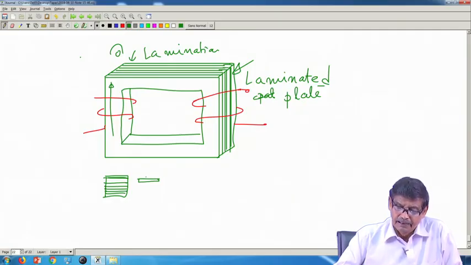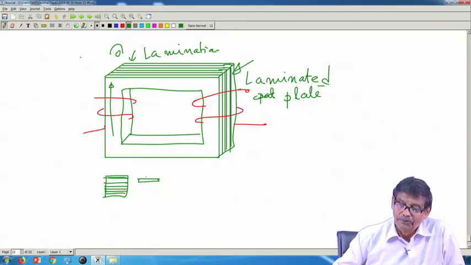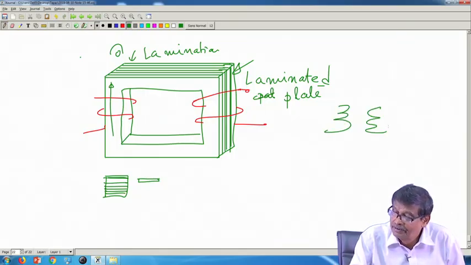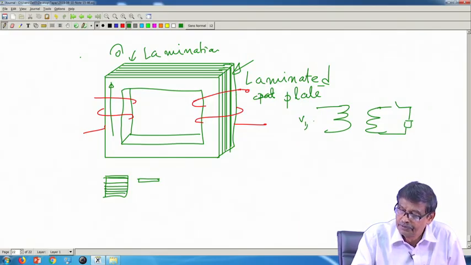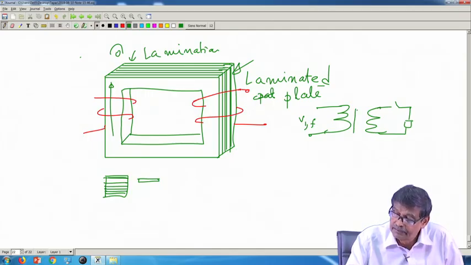Now, how to take this eddy current loss effect into the equivalent circuit? Coming back to the original question. So, it looks like that even with the secondary of the transformer opened, you can look at it in this interesting way as well. This is V1, you have switched on the supply, secondary is open, nothing like that, but there is core material.